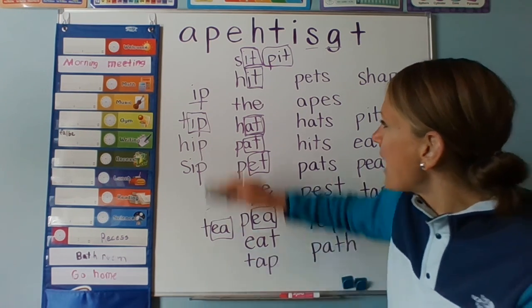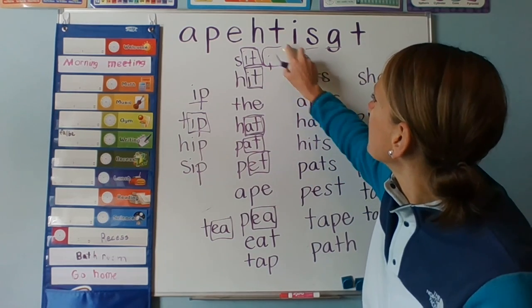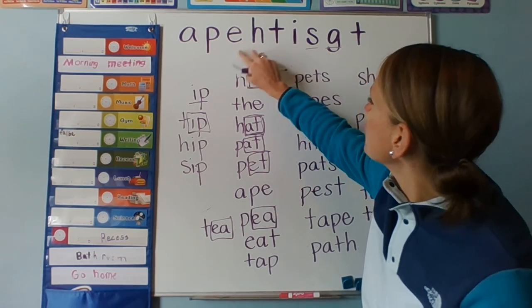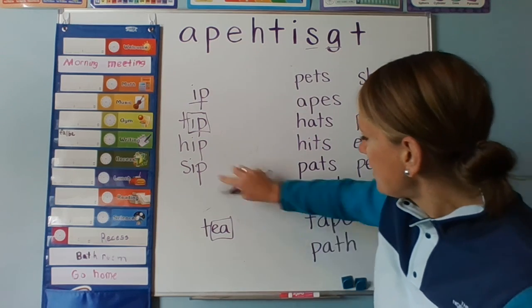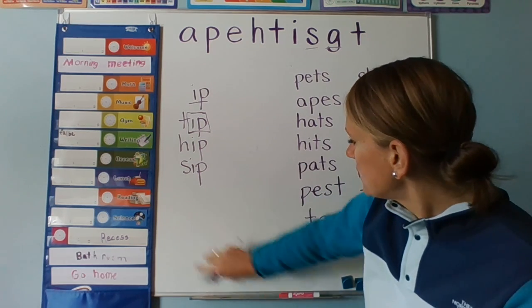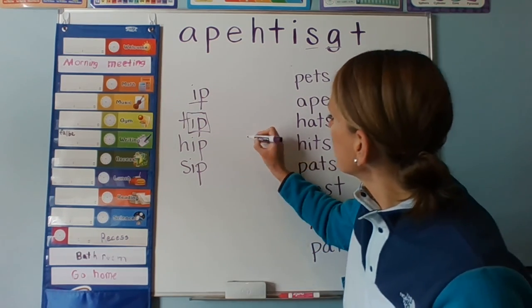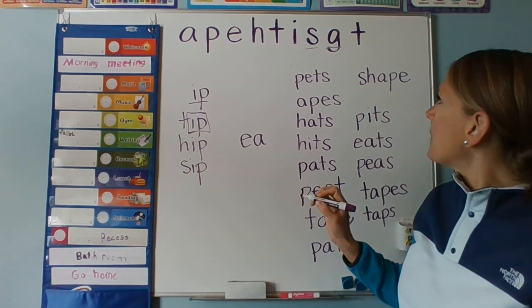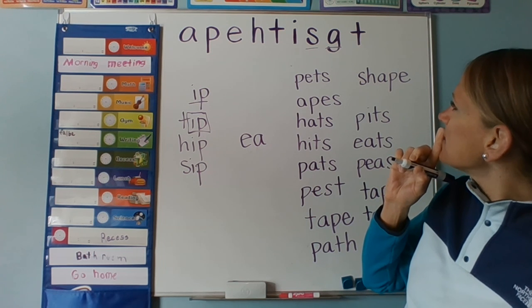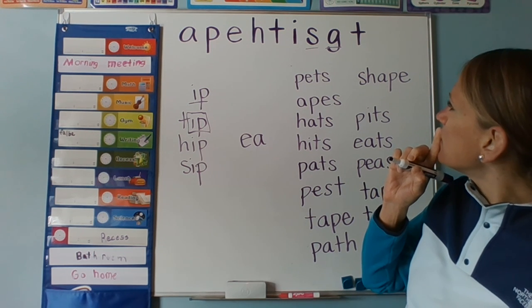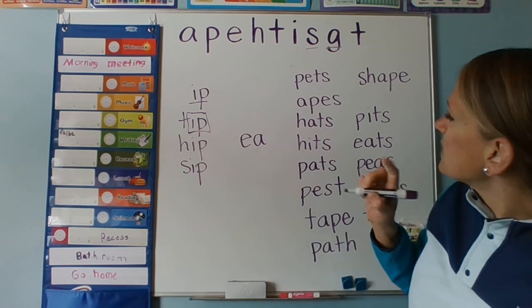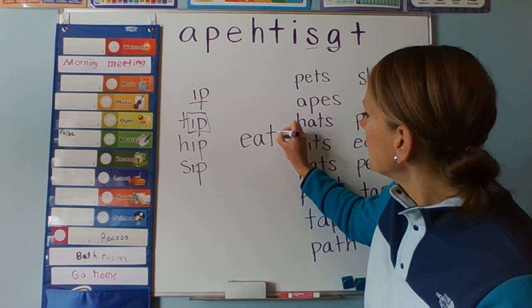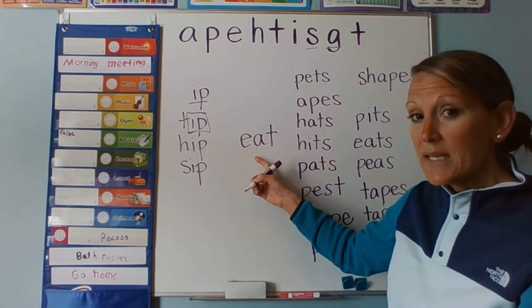I also challenged you, I'm going to erase a little bit here. I also challenged you to use that EA a little bit. And I got T. I'm going to add my EA here. And there were some that I saw that were not used. And let's see. If I put a T here, eat, we did have that one.